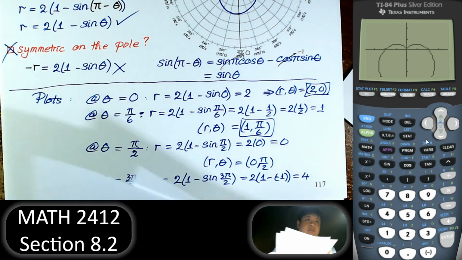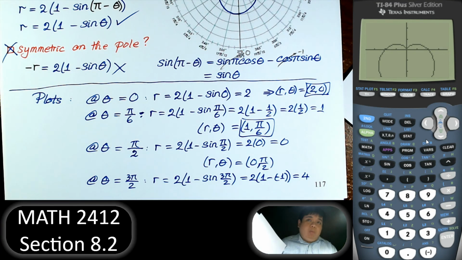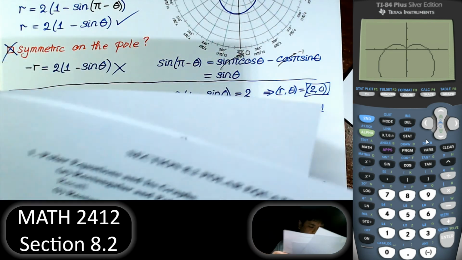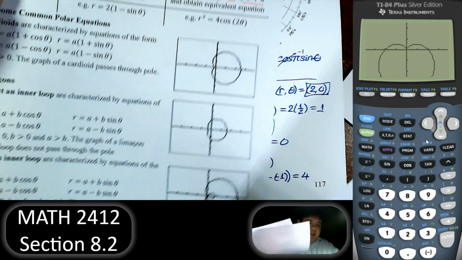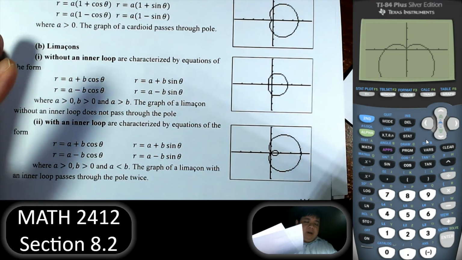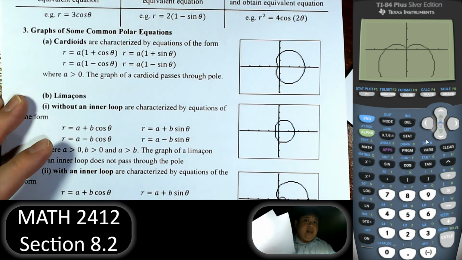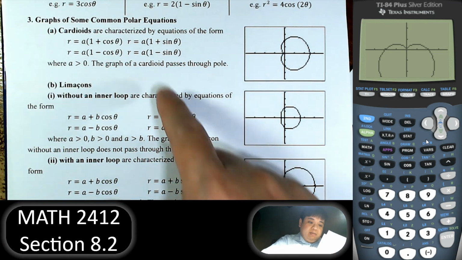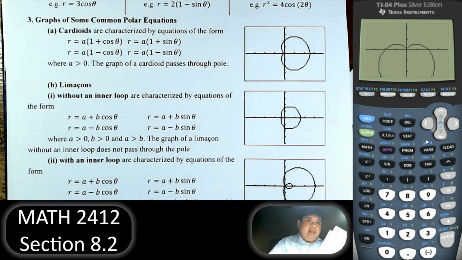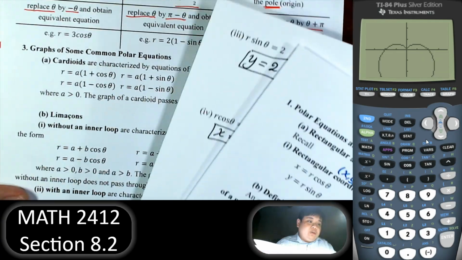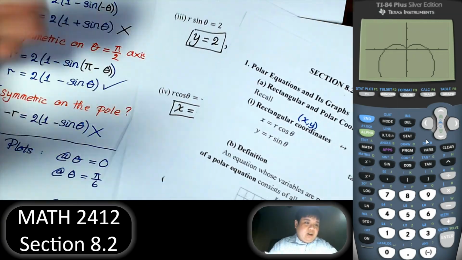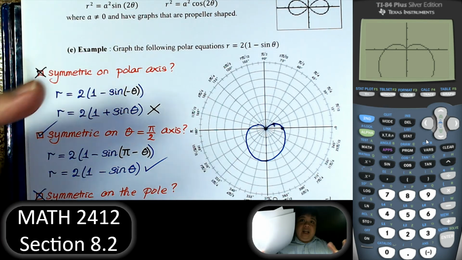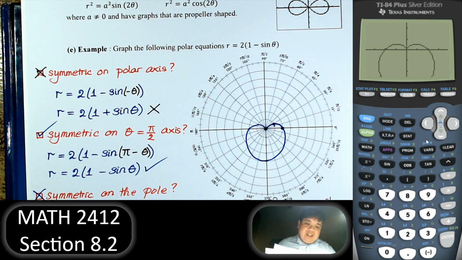And we did show how to graph on the calculator. Right. Of course, then we have the names of some common polar equations. But like I said, I'm not going to ask you to memorize the names. You just need to see it, so later on, if you see this again in calculus 2, it will not be a surprise.